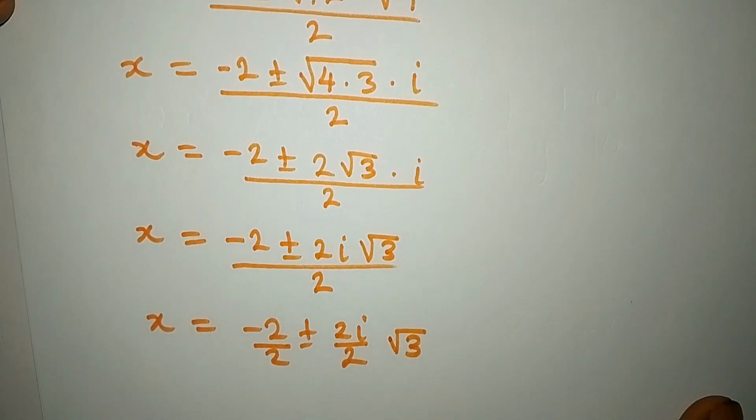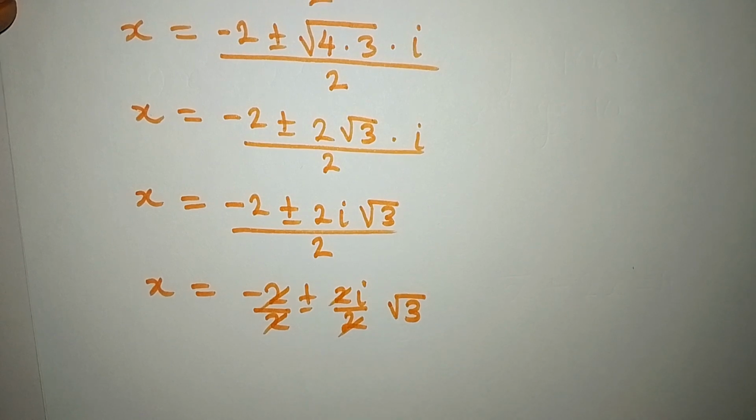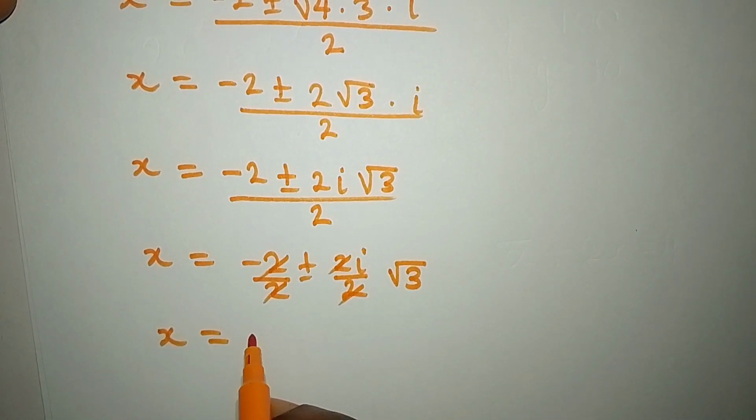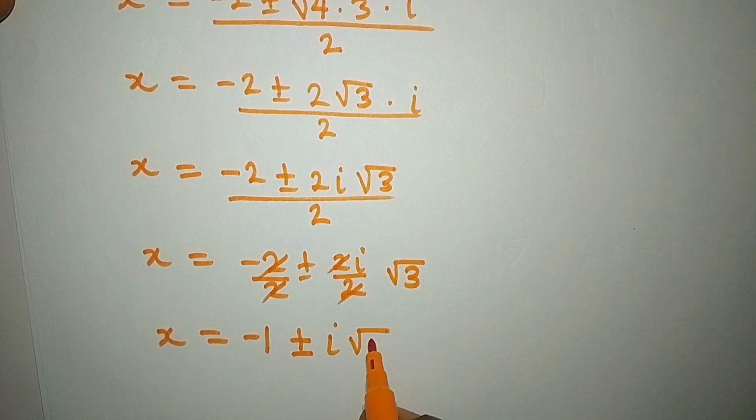So what does this mean? We can now cancel this, so that we'll have 1 in place. x will be equal to minus 1 plus or minus i root 3.